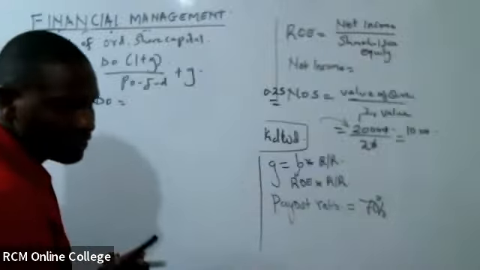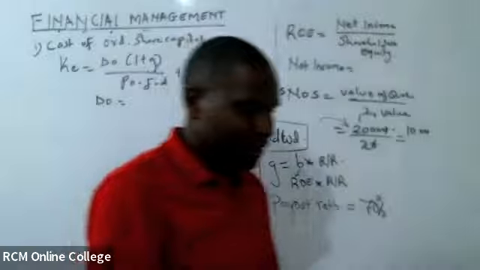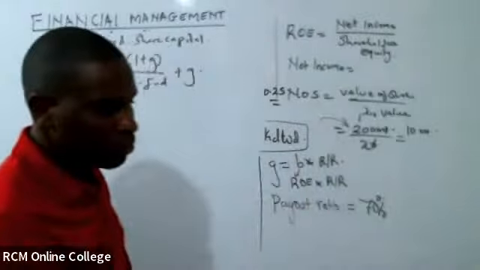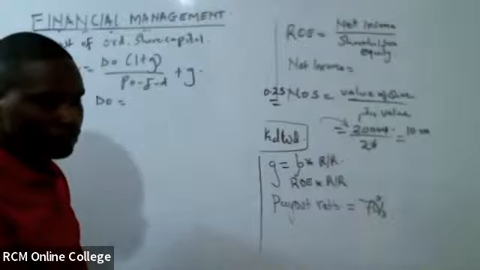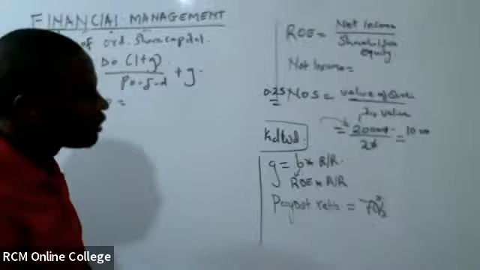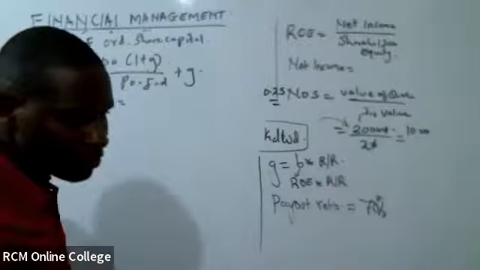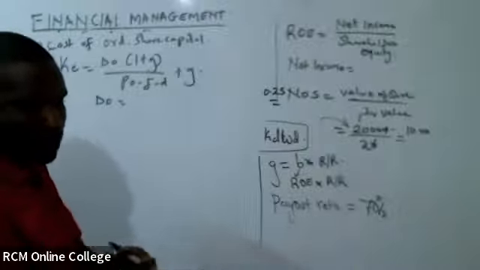This is the current dividend. How do we get the D0? EPS times payout ratio, or EPS times retention ratio. Which is which among the two?